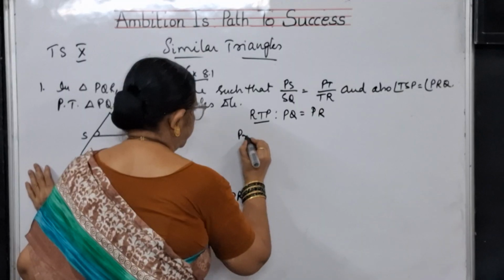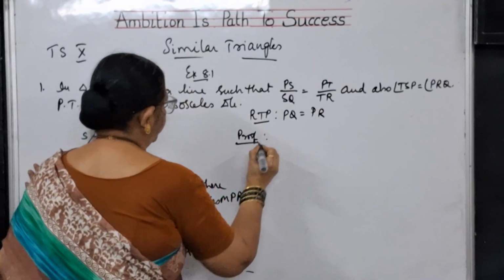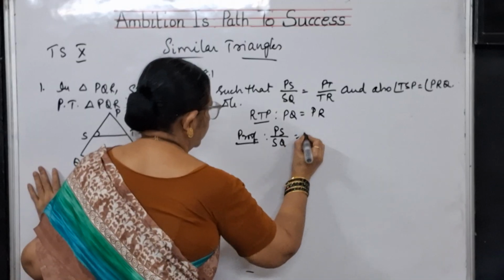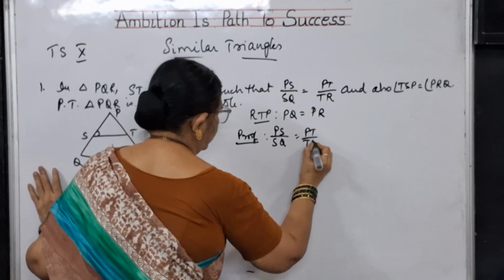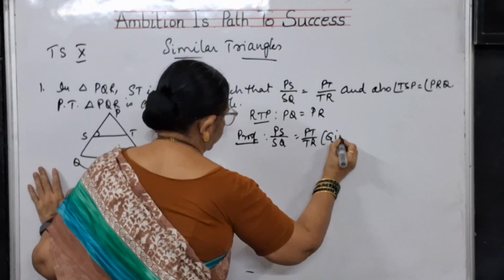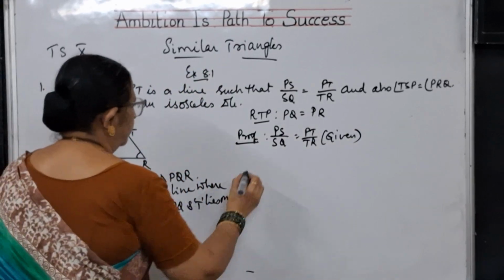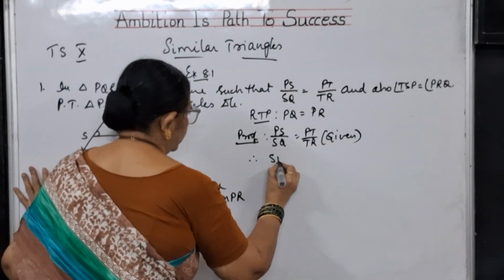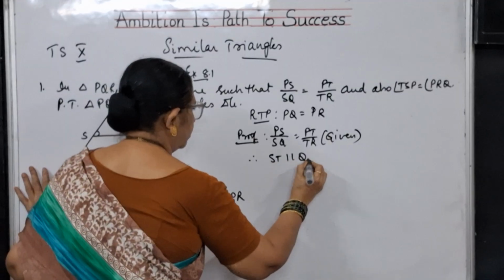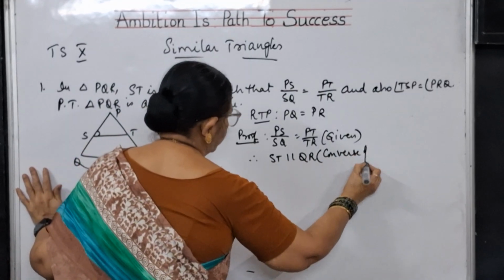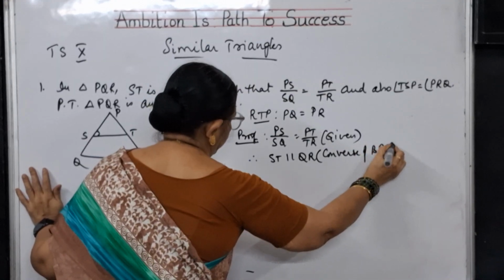So let us see the proof. Proof is PS by SQ is equal to PT by TR. This is given to us. Therefore, what you can say, ST is parallel to QR basing on converse of BPT.